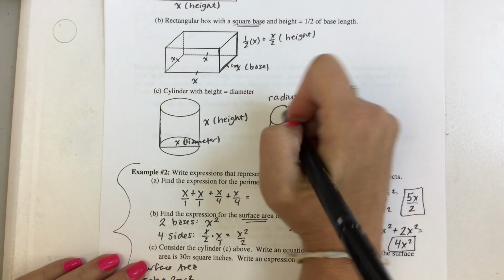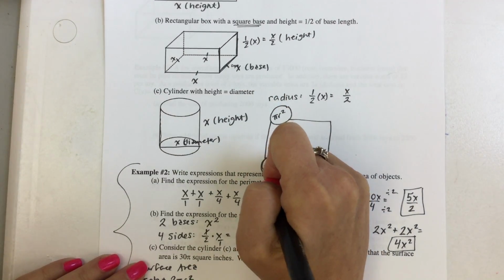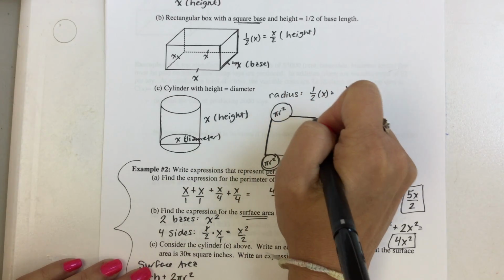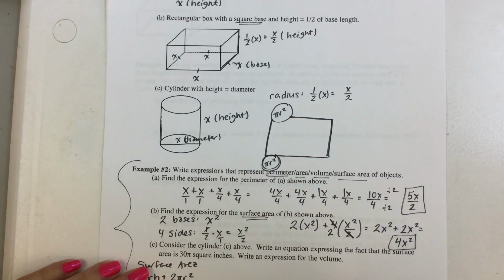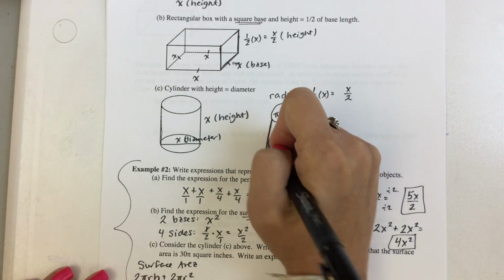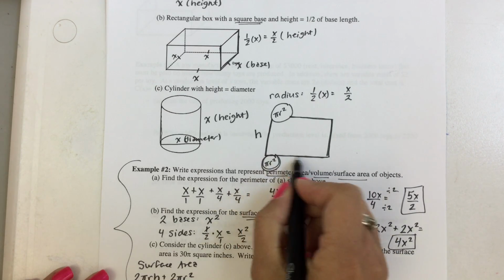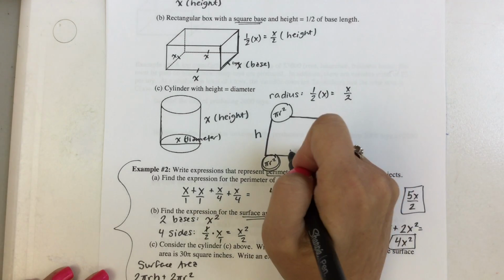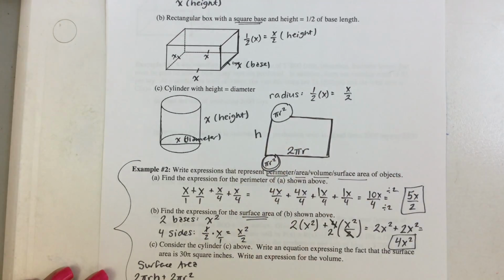So I have a circle on the top. Area of a circle is pi r squared. Circle on the bottom, it is pi r squared. Now this right here, my friends, this is a rectangle. Okay, now when you look at this, we have this dimension is the height. This goes around the circle. Around the circle is the circumference, which is 2 pi r.